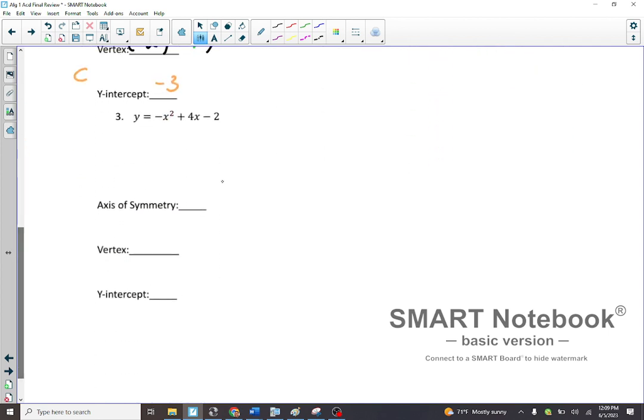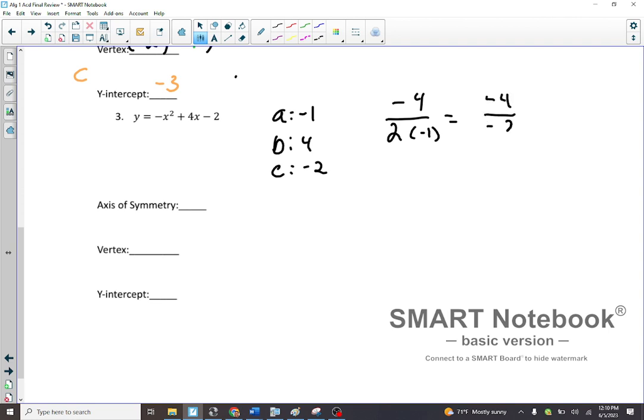Next one. Be careful here. Our a value is negative 1 because there's a negative in front of it. Our b value is 4, and our c value is negative 2. So in this case, it's going to be negative 4 over 2 times negative 1. That's negative 4 over negative 2, which results in positive 2. So our axis of symmetry is positive 2. That gives me the x of the vertex, and I plug it back in.